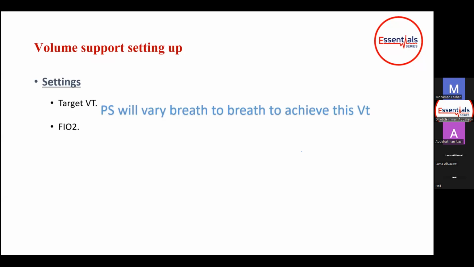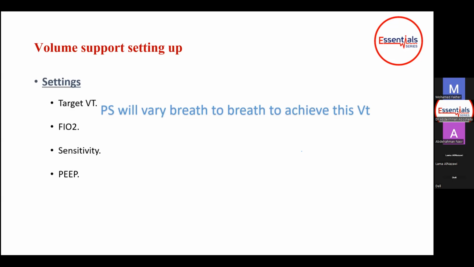FiO2: usually we start with a low FiO2, because volume support is not used in a patient with high FiO2 requirements. So we use something like 0.4 to 0.6 FiO2, 40 to 60% oxygen. Sensitivity: not all ventilator brands allow sensitivity adjustment in the volume support mode, but if you need to adjust it, we adjust it from 1 to 3 liters per minute if it's a flow sensitive ventilator.